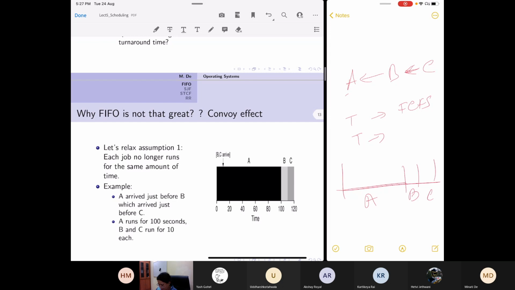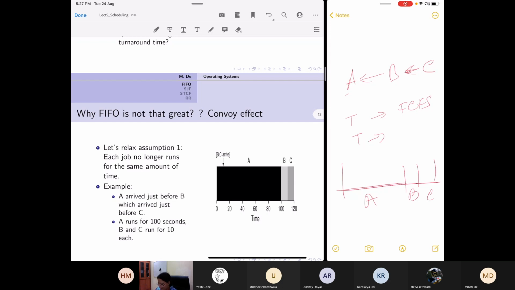So it is known as the convoy effect, and you might have seen this effect when you go marketing. For example, let's say you went to some supermarket. You must have seen that some family person has so many items to buy and is at the front of you, and you have, let's say, 2 or 3 items.